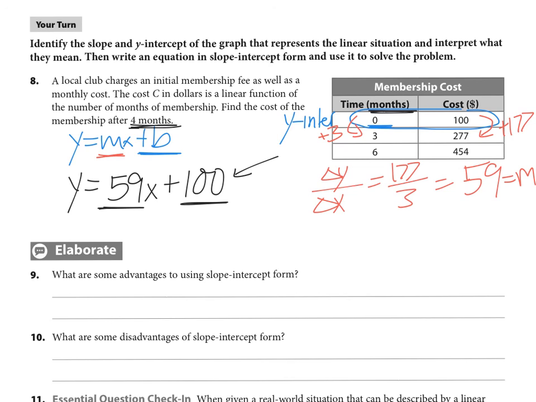Put your independent on ask. Then go to second graph, your table. It's asking you what would it cost at 4, so you type in 4, and what does it give you for y? $336. That's how much it would cost you for 4 months.